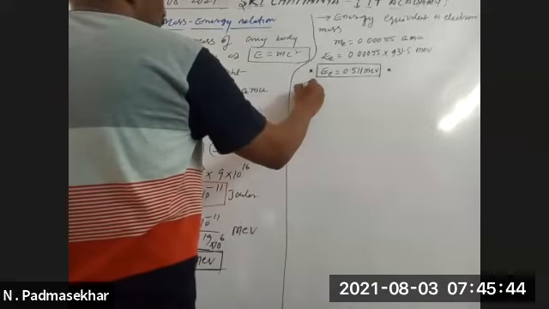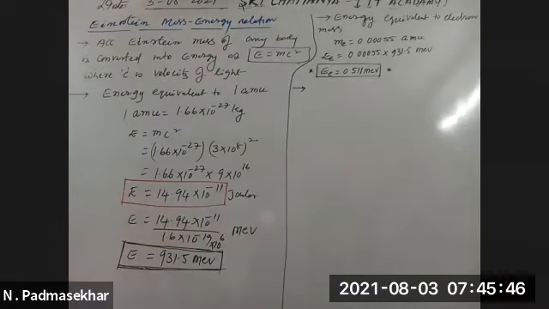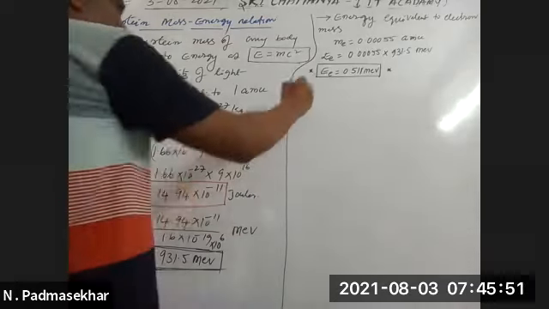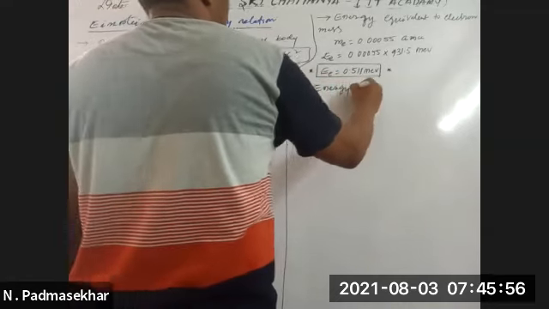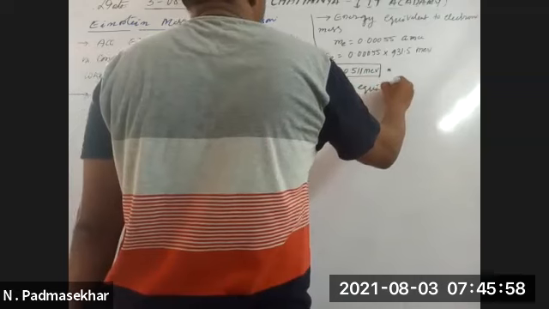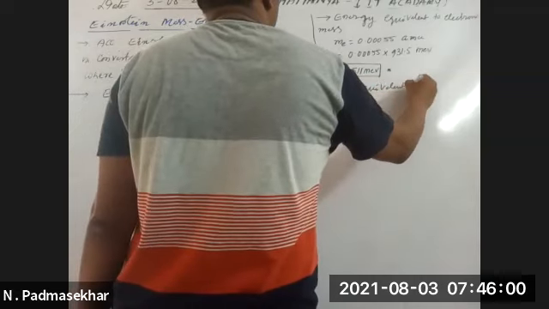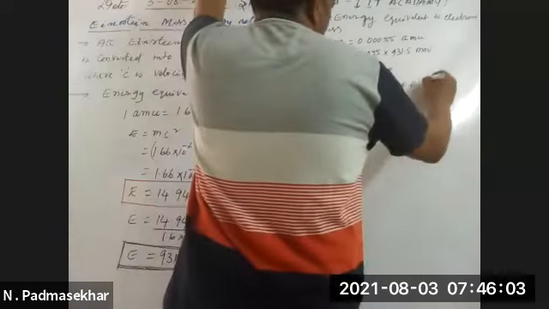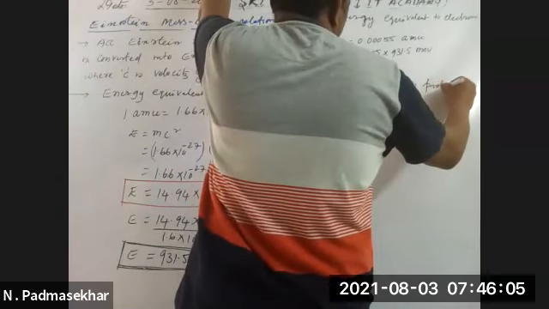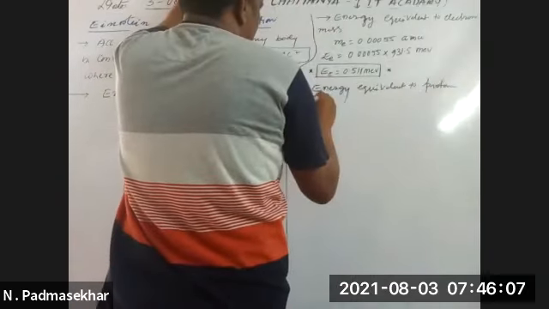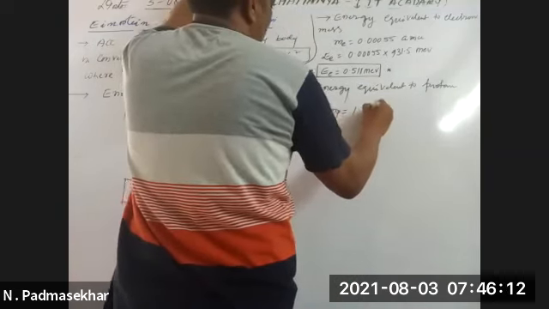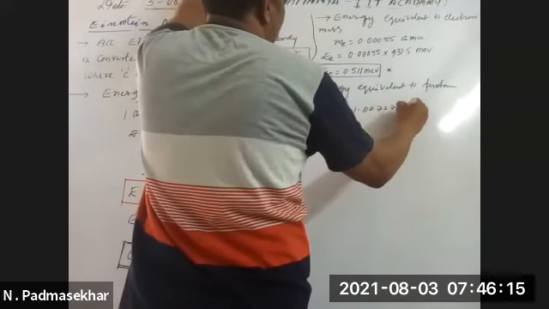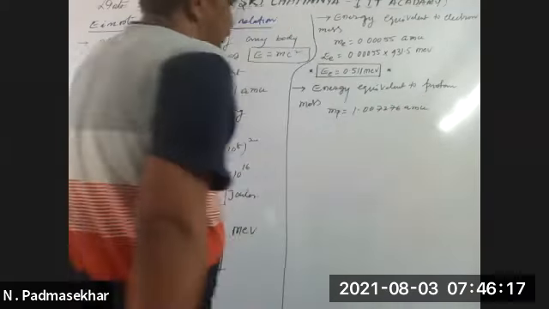Next one, the energy equivalent to proton mass. Now the mass of the proton is 1.007276 AMU.